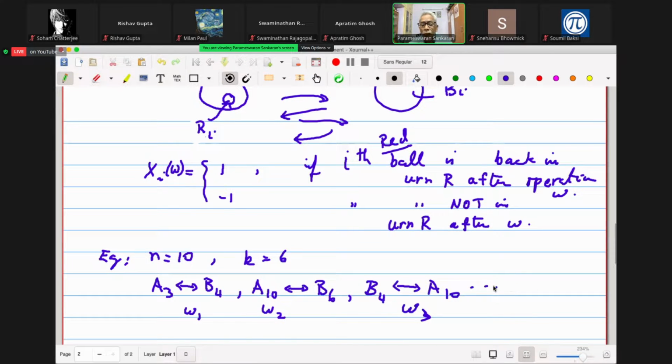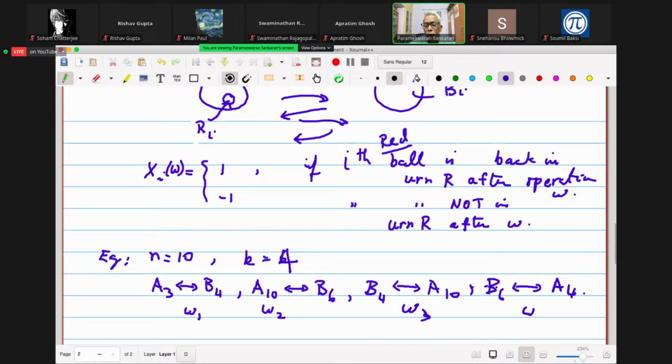I didn't want to write all the things, so let us just make this 4 to keep it simple. And then one more transfer will be, say, B4. B6 is now in red, so B6 is exchanged with A4.